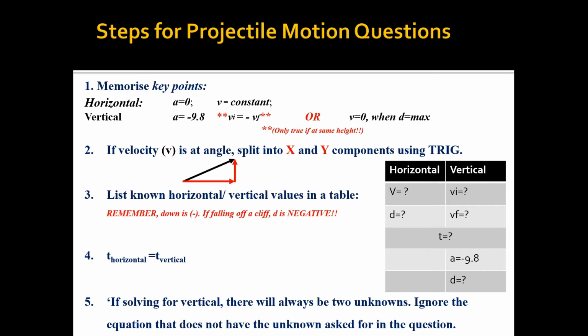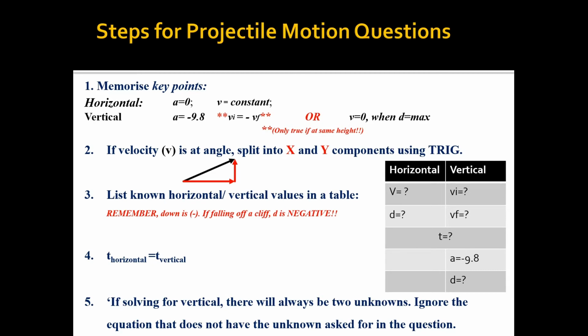So if we're trying to find, let's say, the time, but we do not know the final velocity, we want to find the equation that has time in it, but does not have final velocity. Really, the key to solving these problems is to find the kinematic equation that does not have the thing that we don't know. So if I don't know what the time is, I want to find an equation that does not have time in it. That's the key.